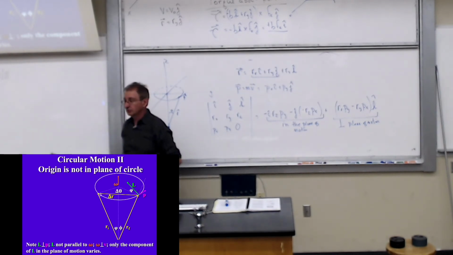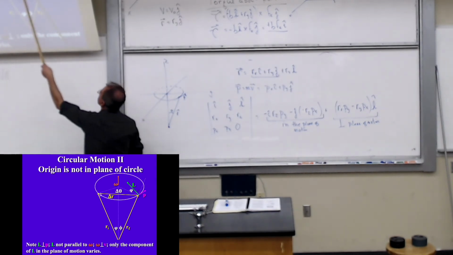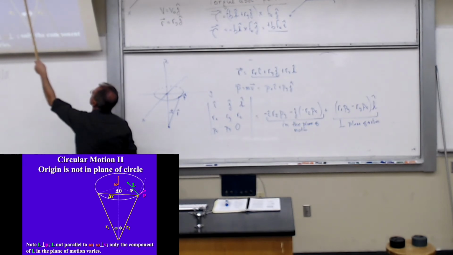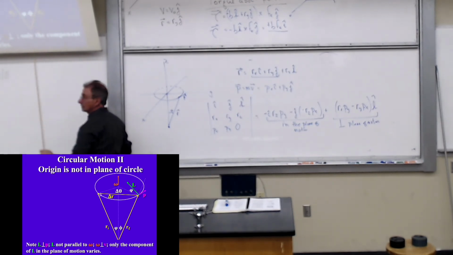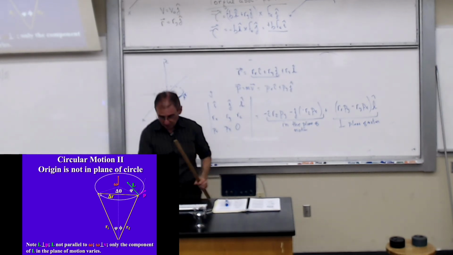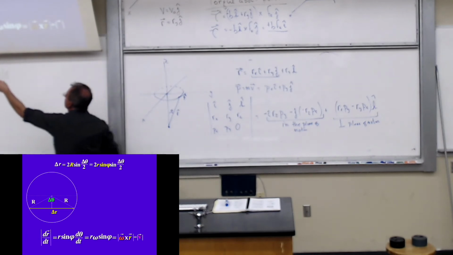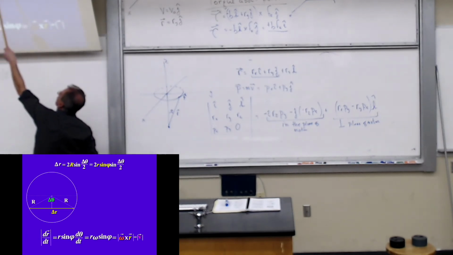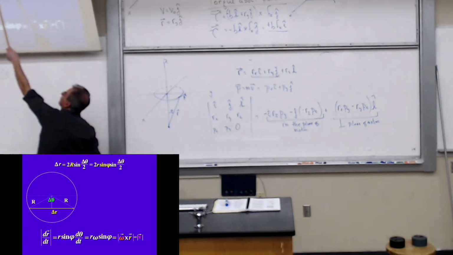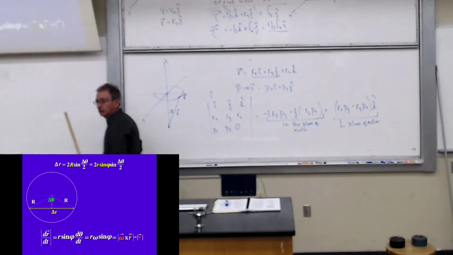Isn't that true? Right? Here's a hypotenuse. This is opposite the angle. So this r is just the magnitude of that big vector r times sine of phi.